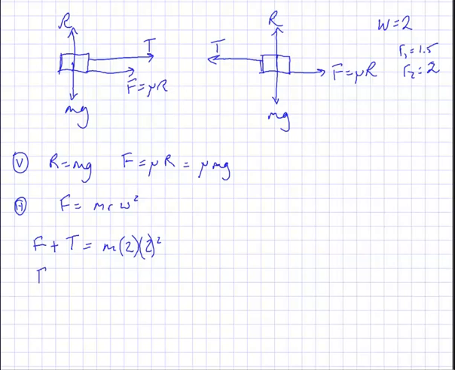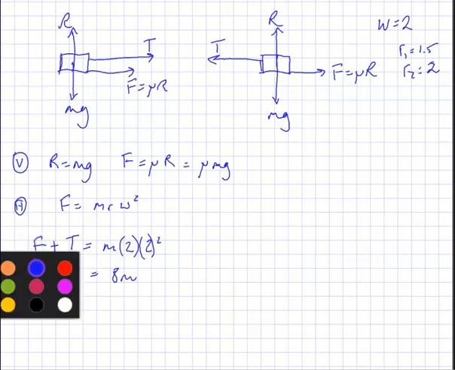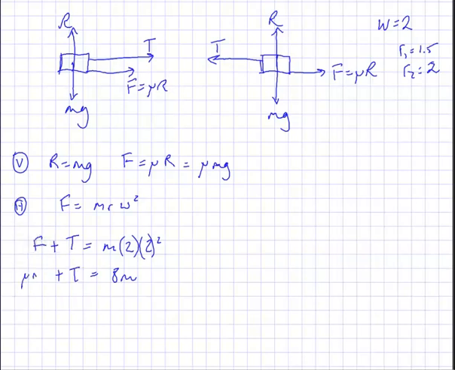So we end up with F plus T is equal to 8m. And we know what F is. We can straight away say that it is mu mg. The only thing we don't know is the tension.